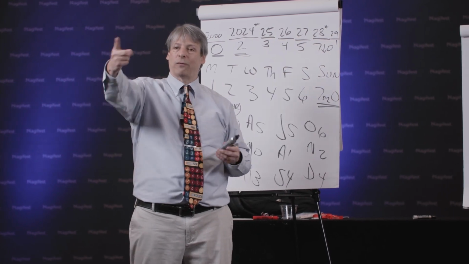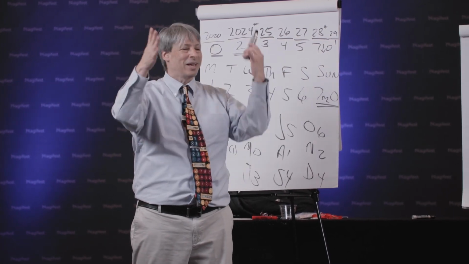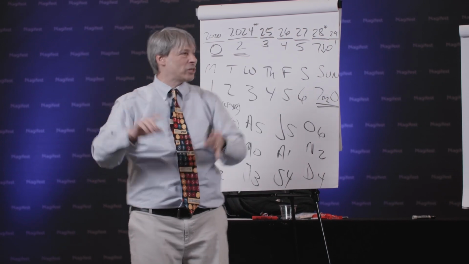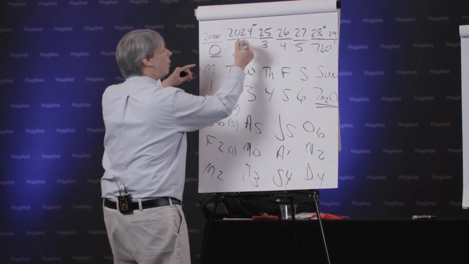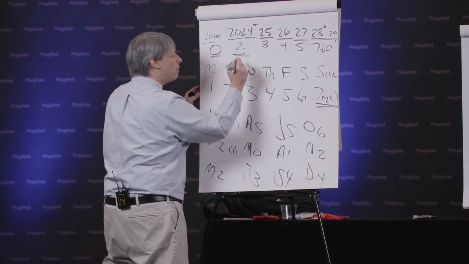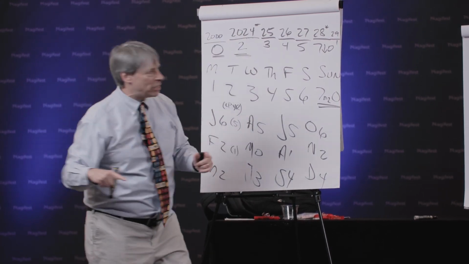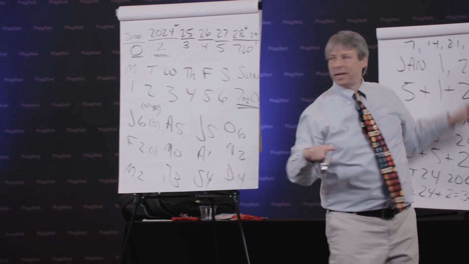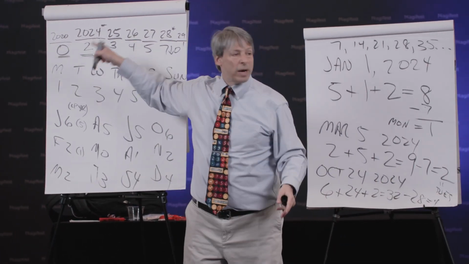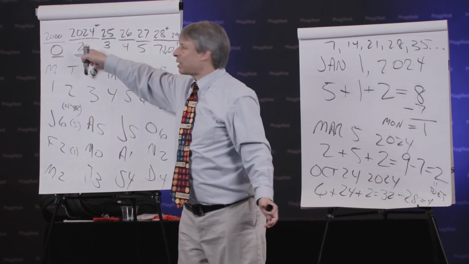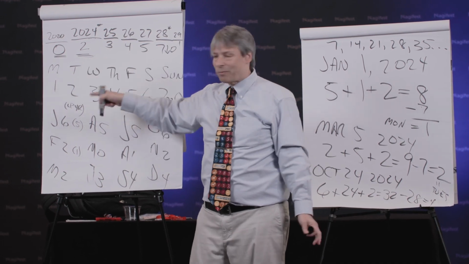Right, for 2004, 8, 12, 16, 20, and 24. So the year code for 2024 should be 24 plus 6, which is 30. Subtract 28, and you get 2. So that's why 2024 is 2, okay?